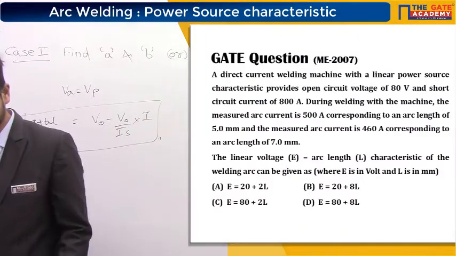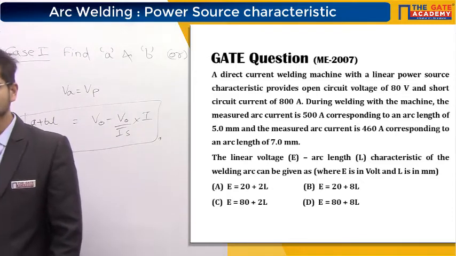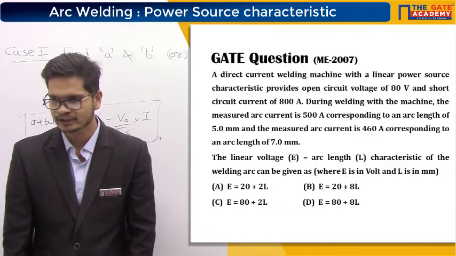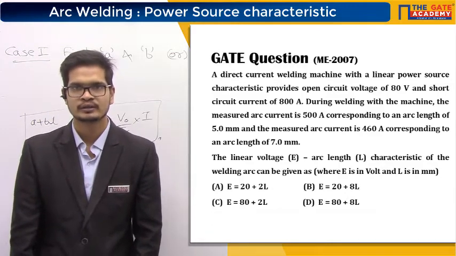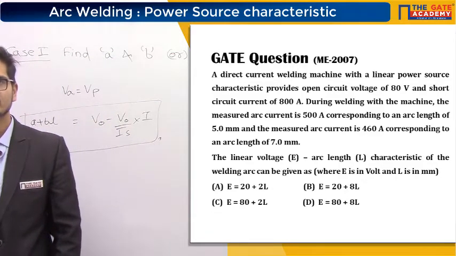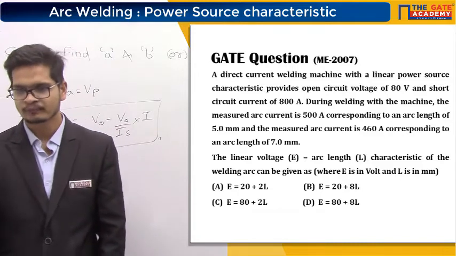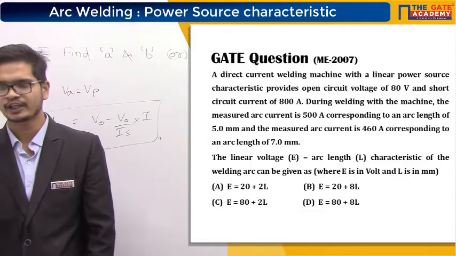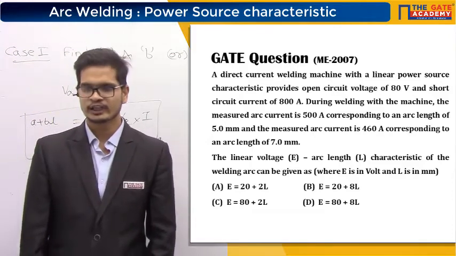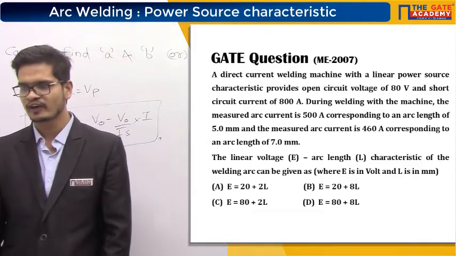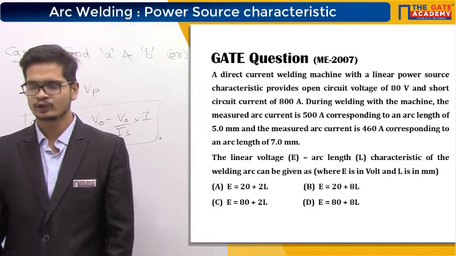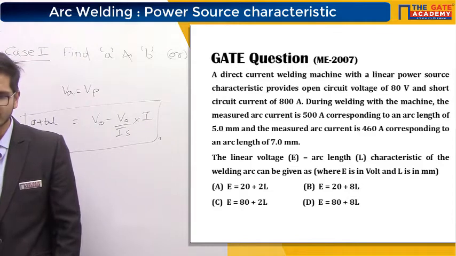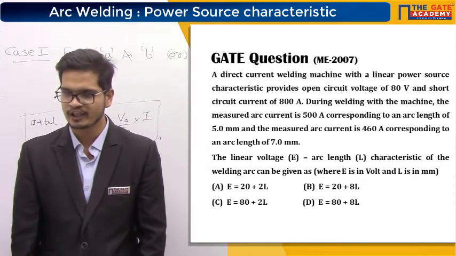Please try that question. A direct current welding machine with linear power source characteristic. They have mentioned linear power source characteristic, which means they are talking about constant voltage. It provides an open circuit voltage of 80 volt and short circuit current of 800 ampere. During welding with the machine, the measured arc current is 500 ampere corresponding to an arc length of 5 mm, and the measured arc current is 460 ampere corresponding to an arc length of 7 mm.